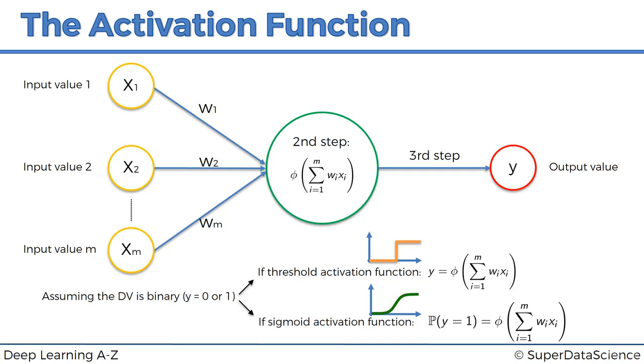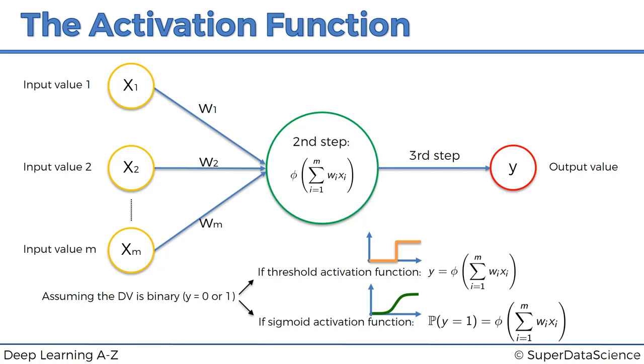So basically, the closer you get to the top, the more likely it is that this is indeed a 1 or a yes rather than a no. And that's very similar to the logistic regression approach. Those are just two examples if you have a binary variable.